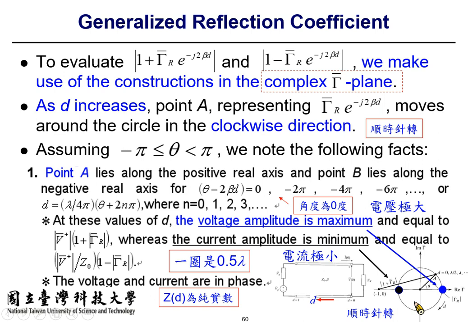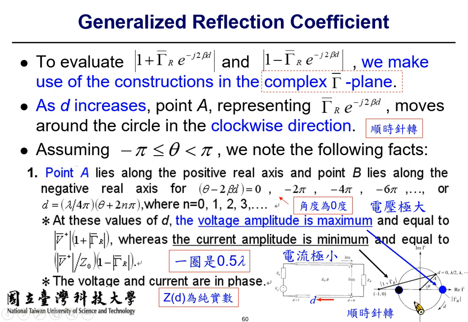The impedance includes resistance and reactance. But if the impedance is a pure real number, then the reactance part is 0, and you will have a resistance only.